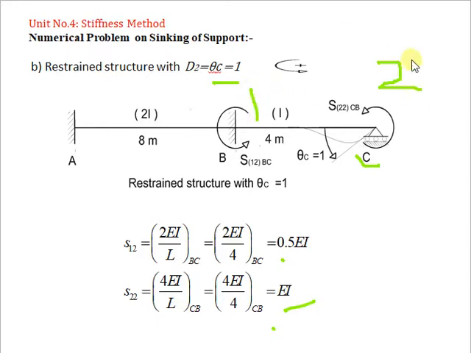Here we apply the unit rotation at the second coordinate, and due to that, what happens at coordinate location 1 and what happens at coordinate location 2, that we calculate, and that is nothing but the second column of the stiffness matrix. After the calculation, we form the stiffness matrix.